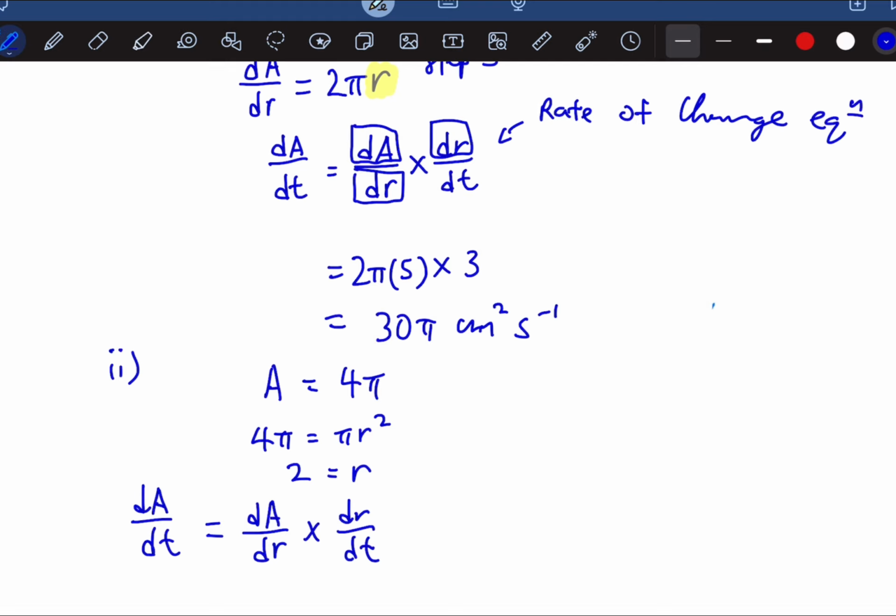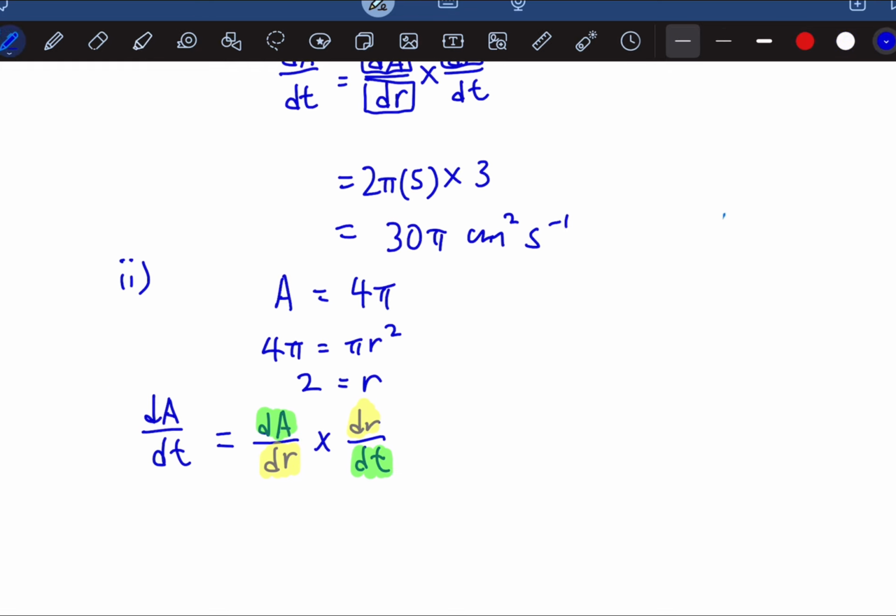Take note, this is actually the chain rule. If you want to imagine this like normal multiplication, you can, but you have to be mindful. The main concept of this is still the chain rule. You can see if we perform a cross multiplication, this dr is cancelled diagonally, and the numerator left over, dA and dt, will give us my left hand side.